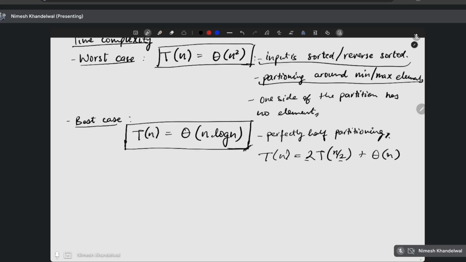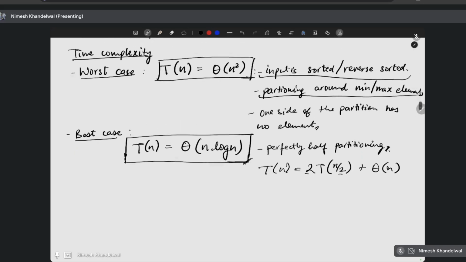So these are the worst and best case scenarios that were discussed.